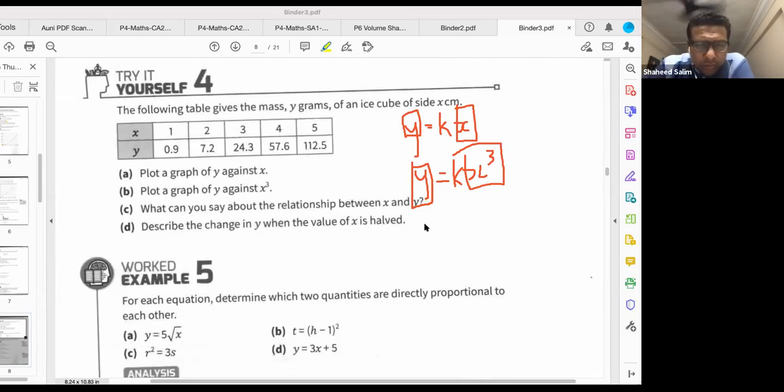Okay, we have to assume all of them are directly proportional. We are assuming, I repeat, that all of them are directly proportional. So if you see this, y equals mx plus c, you rearrange it to make it directly proportional. Then you will be able to get it.